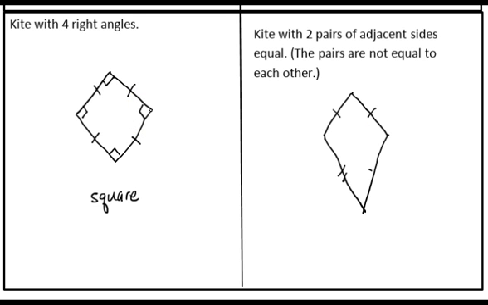So these 2 sides are equal. But as the directions say, the 2 pairs are not equal to each other. So we have 2 sides that are the same length on top and 2 sides that are the same length on bottom. The only other name for this shape other than a kite would be a quadrilateral because it has 4 sides.